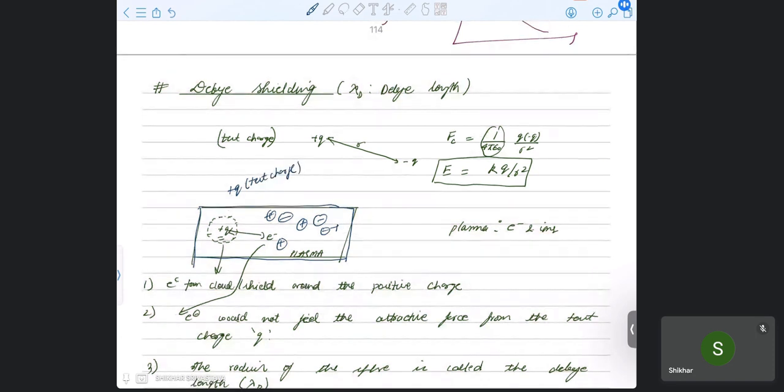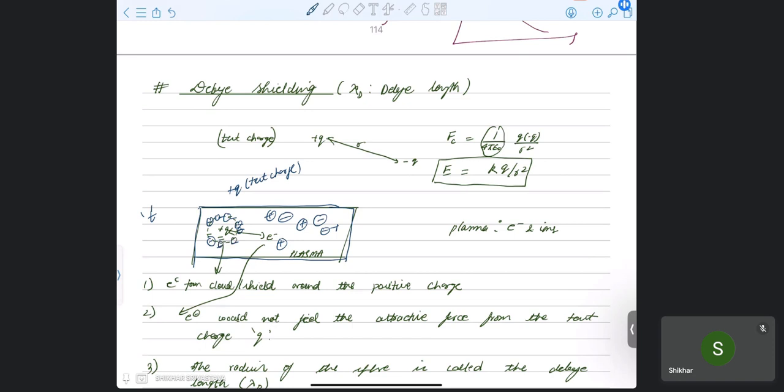Since it is a positive charge, electrons will start, due to Coulomb interaction, accumulating near this positive charge. After some time t, they will form a cloud of negative electrons around this positive test charge.